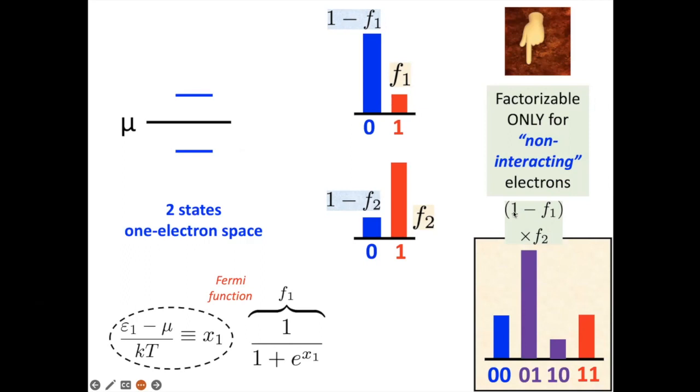And this is the thing that we have got used to because, using mean field theory, etc., we always tend to think in terms of these non-interacting electrons. And so we always work with these one-electron occupation functions. But in the 2 to the power n space, this factorization only holds for non-interacting electrons.